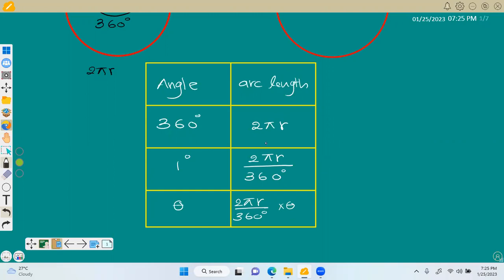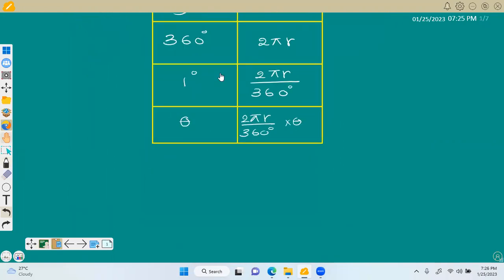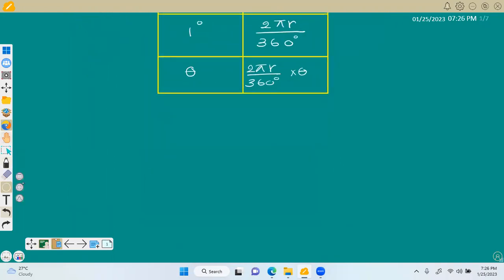Then, for our easiness, we can rearrange this expression like this.